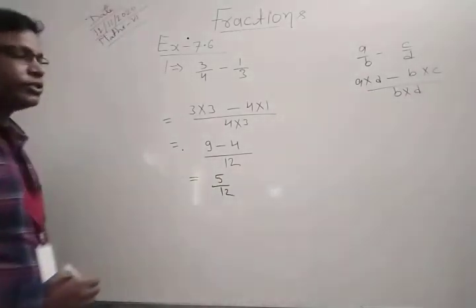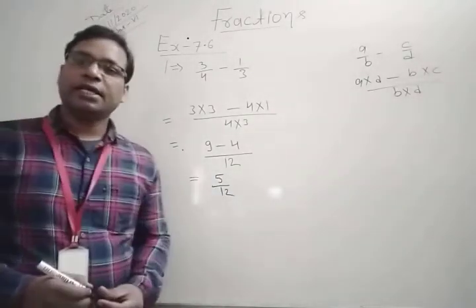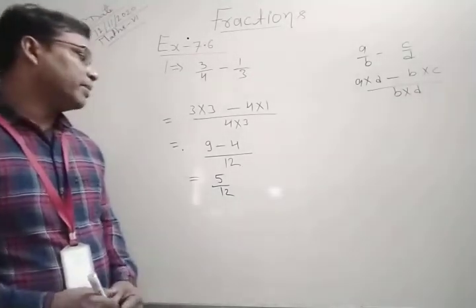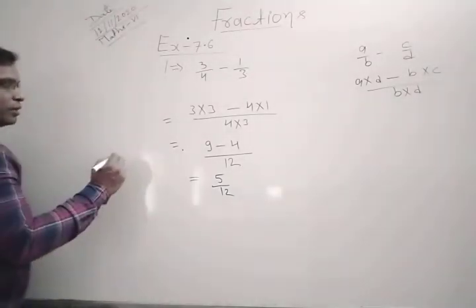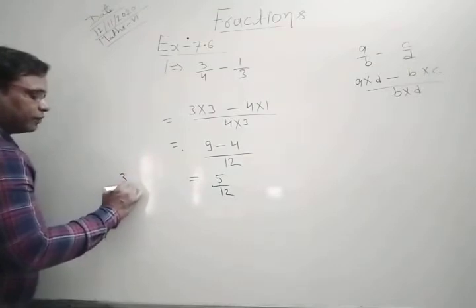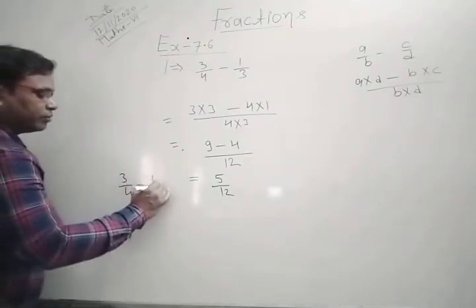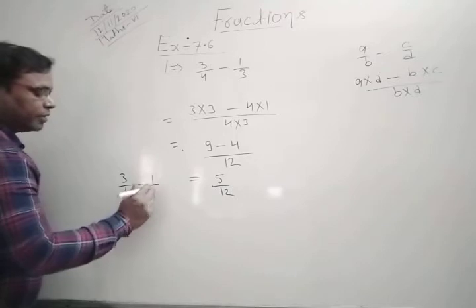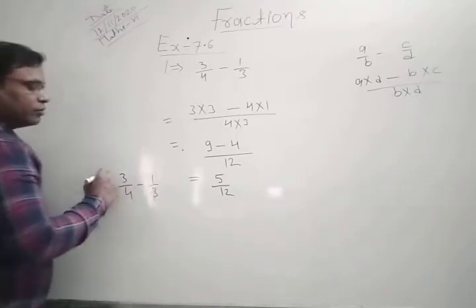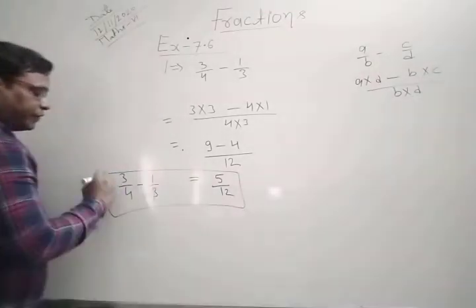This is your answer, the subtraction of two fractions. 3 by 4 minus 1 by 3 is equal to 5 by 12.